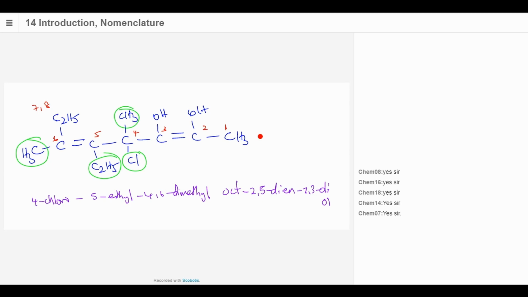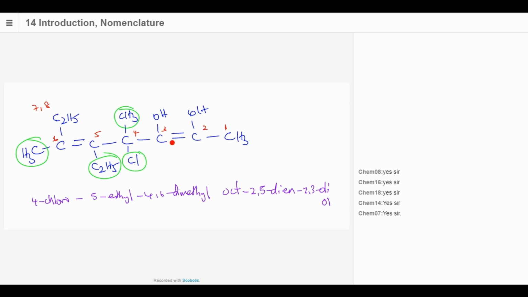Let's see how to name it. That means, for example, you have an OH group, which is the alcohol group, and the carboxylic group, C double bond O, OH. When there is more than one functional group, you have to name them in the order of their priority, meaning the highest priority functional group should be named as the main functional group.